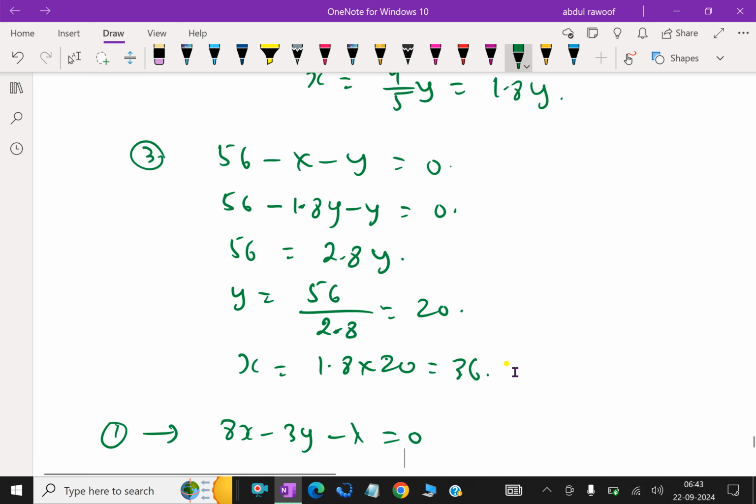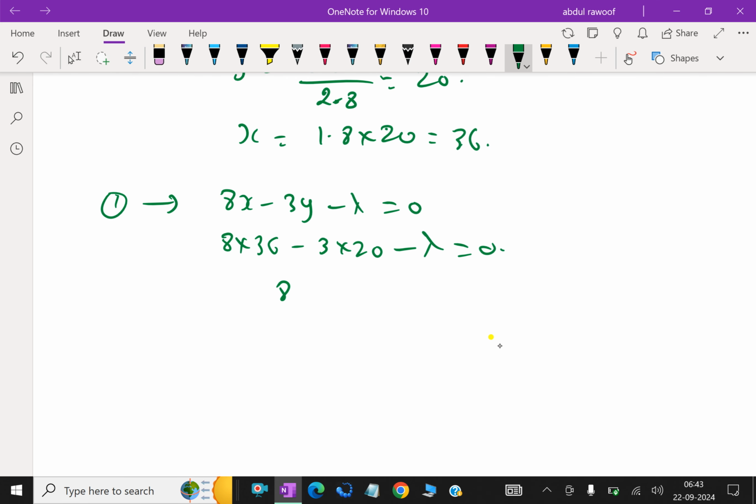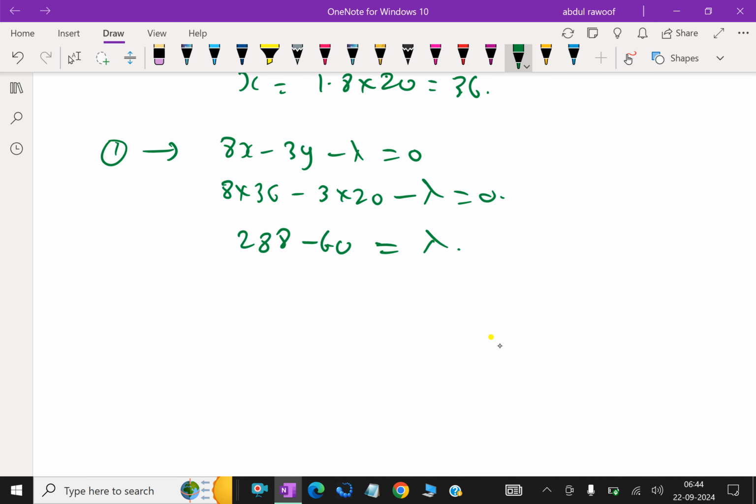Then substituting the values of x and y, we can get the lambda value. 8 into 36 plus 3 into 20 equals lambda, 228 plus 60.